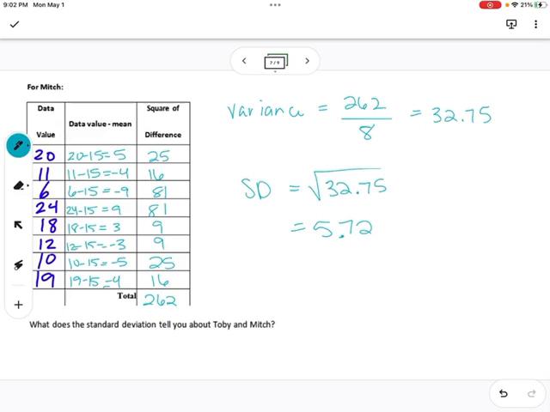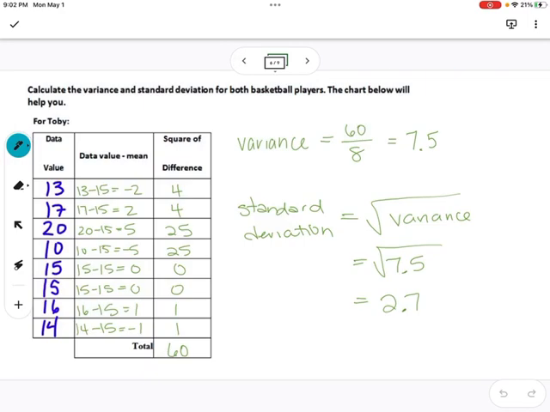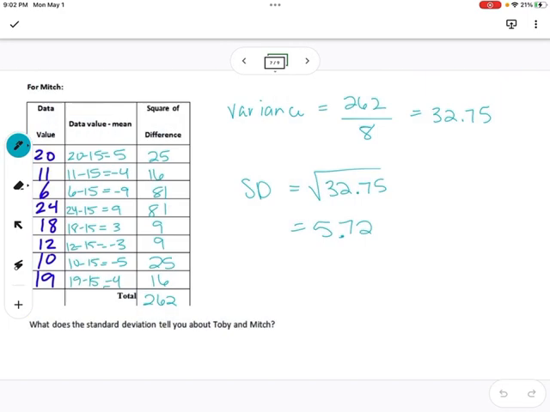So looking at the standard deviation for Toby and Mitch, for Toby, it was 2.7, and for Mitch, it's 5.72. Okay, so that's saying how far apart our data is. So the smaller the standard deviation, the more accurate that it is.